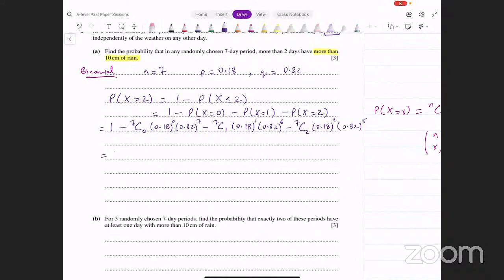1 minus 7C0 into 0.82 raised to power 7. That gives me 0.24929.